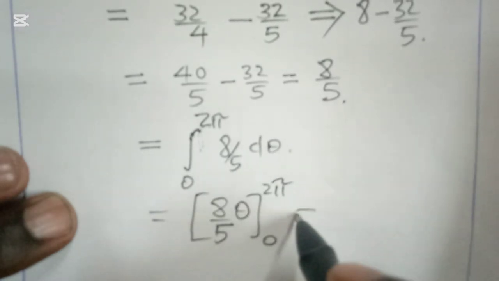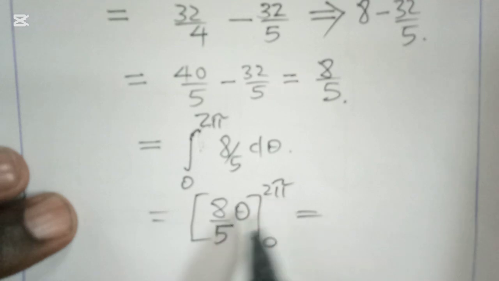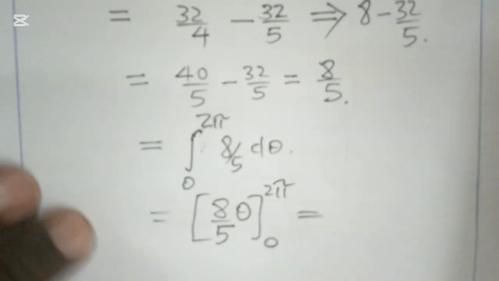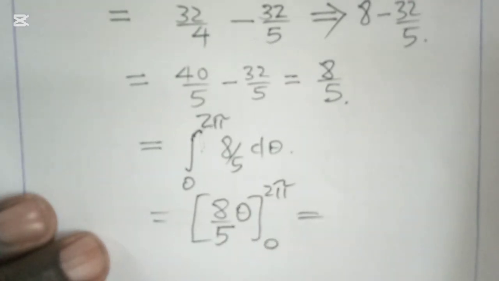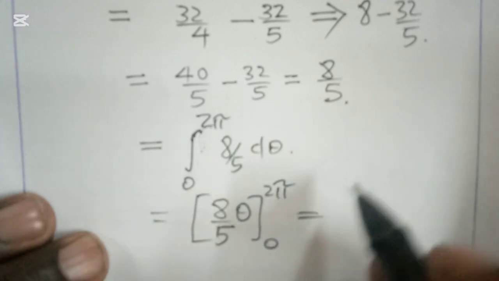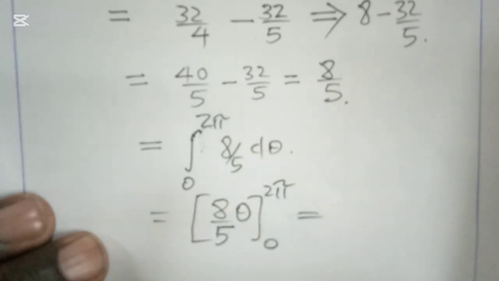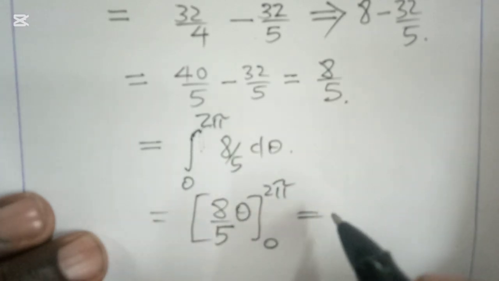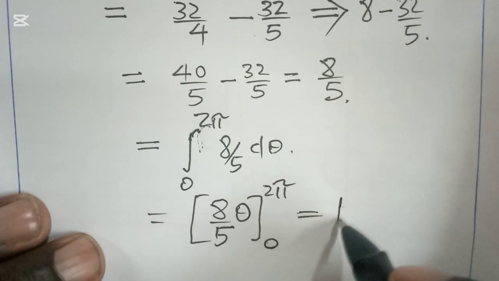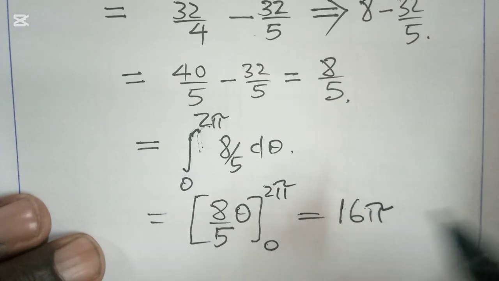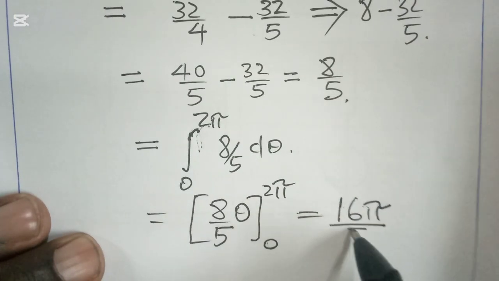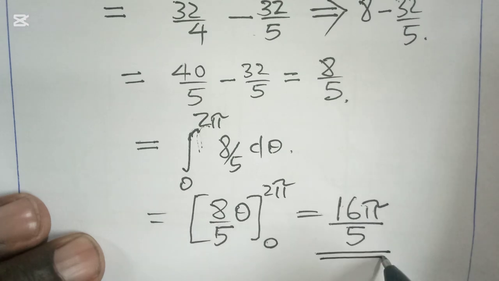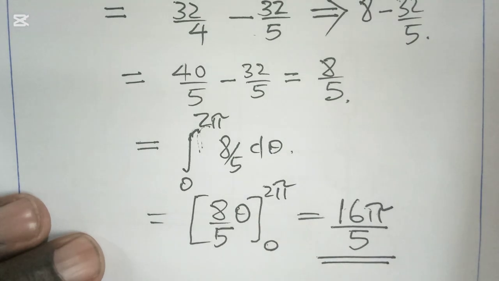So this one will now have 2 pi multiplied by 8. That is going to be now, if we put 2 pi here, we shall have 16 pi over 5. And so guys, this is our solution.